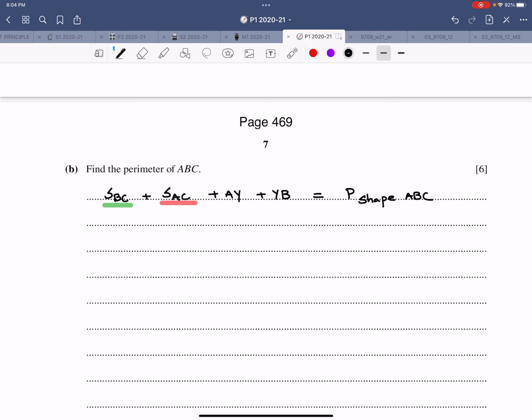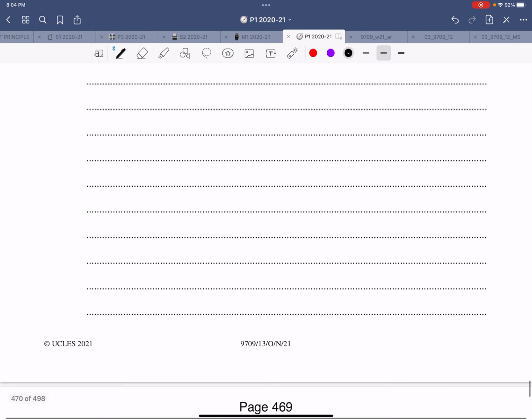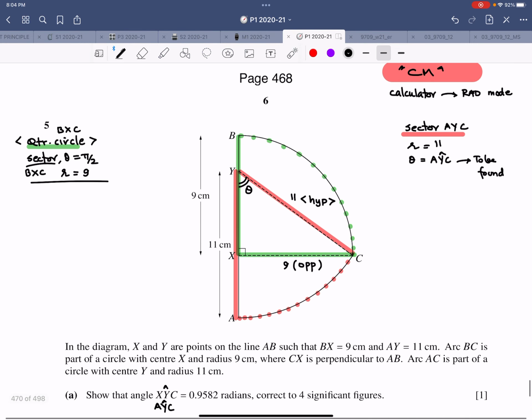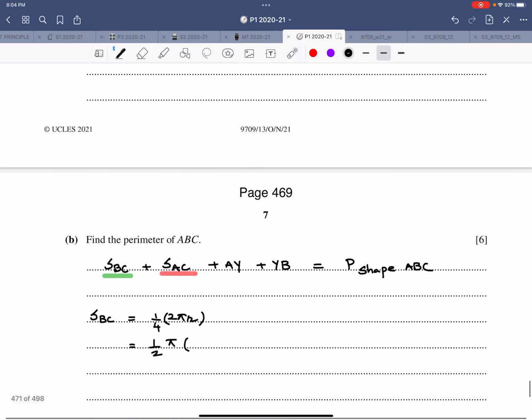Arc length BC, what do I need? For arc length BC, that is the quarter circle. So that is option 1. That is 1/4 of 2 pi r. So 1/4 of 2 pi r is 1/2 into pi into r. So r in this one is 9.